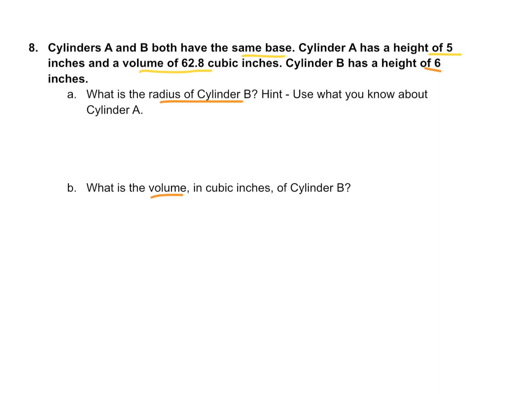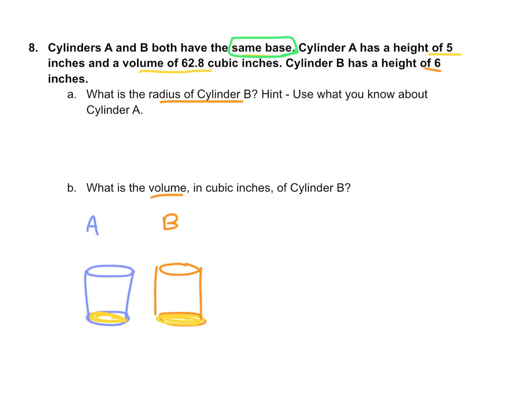Okay, so a key here is definitely right in here that both have the same bases. So if I'm thinking about this, cylinder A, the base of this is the same. If I call this cylinder A, and I'm going to call this cylinder B. The bases are the same, but the height of B is a little bit taller.